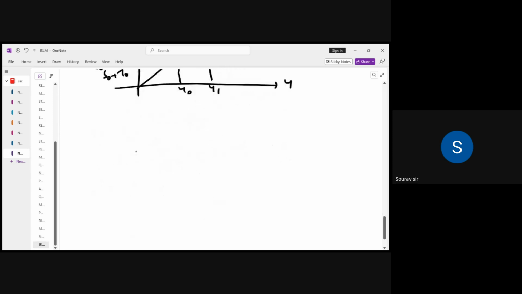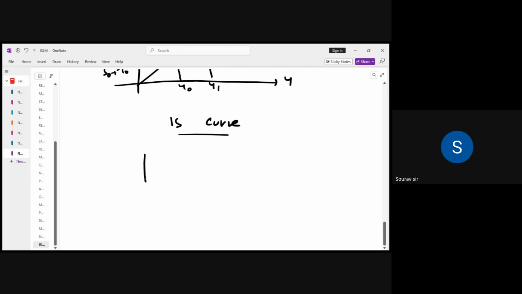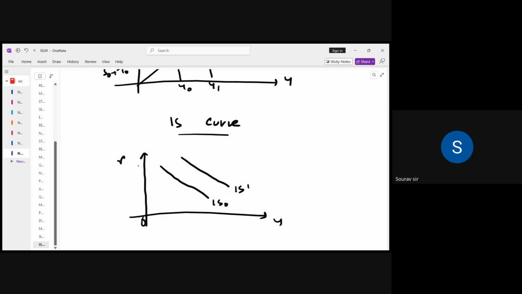Now the IS curve. Here IS0, IS. Why does it shift? With the diagram, this shift is what will be shown.